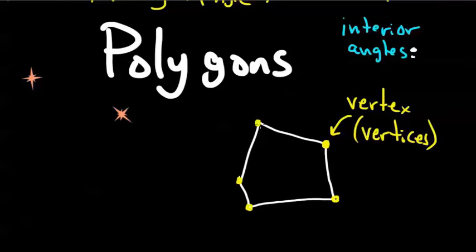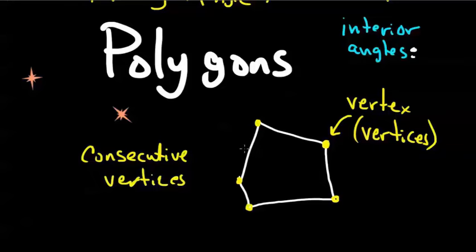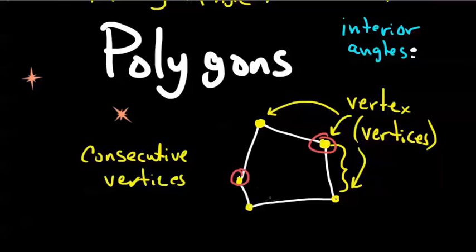The next thing is what we call consecutive vertices. Consecutive means just one right after the other. So these two right here would be consecutive vertices because they're right next to each other. Now, this one and this one would not be consecutive vertices.